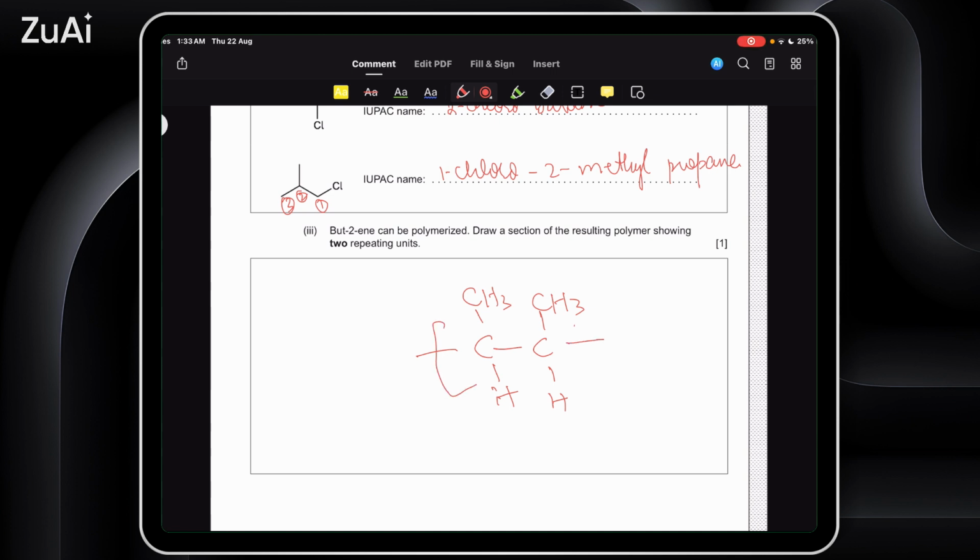Now it forms a polymer, a very big structure. Two repeating units. We have to make one more.